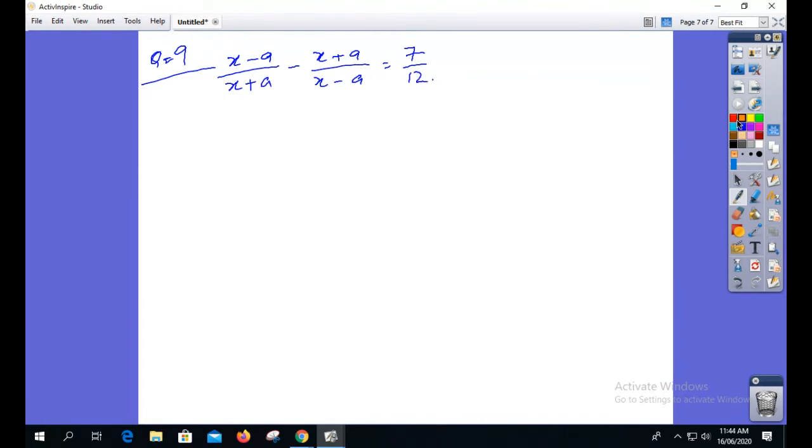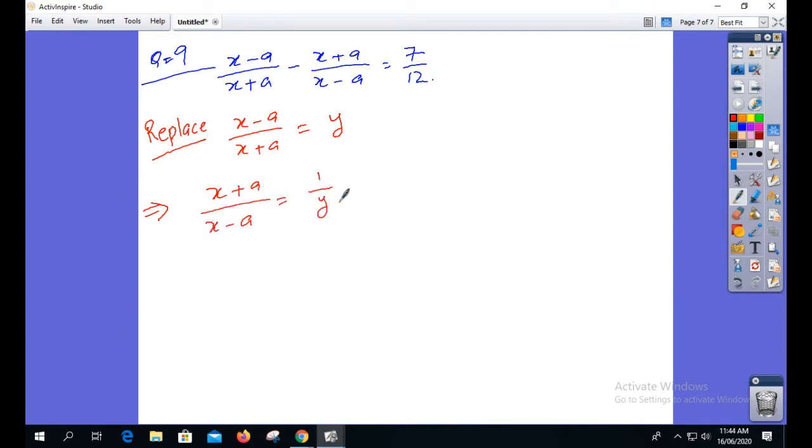What is suppose or replace? Replace x minus a by x plus a equals to y. This implies x plus a by x minus a equals to 1 by y.